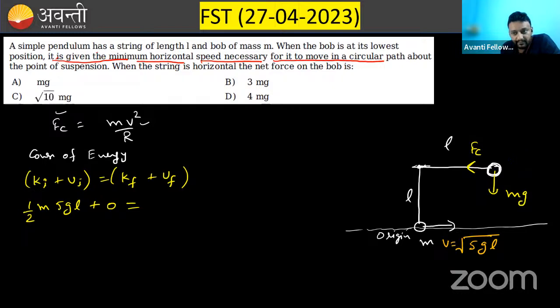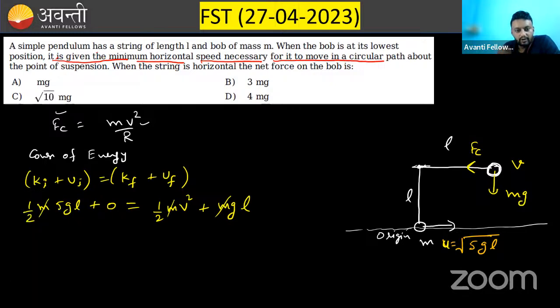Let the velocity at this point be V, so half mv square plus potential energy mg, and the height at this point is L, so mgL. From the complete equation, you can cancel out m.